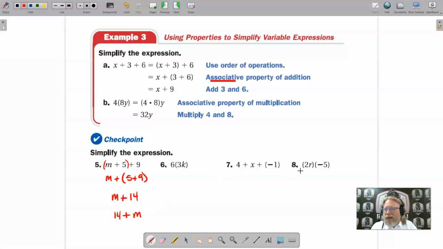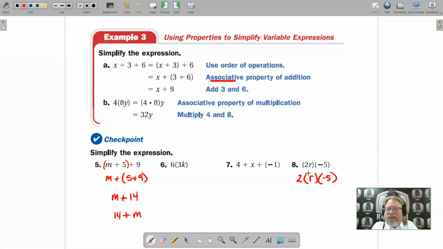Let's do number 8. It is a multiplication one. So we have 2 times r, or 2r, times negative 5. Now we could take that r and disassociate it from the 2 and reassociate it with the negative 5, and this is multiplying here. I'm going to use parentheses. Got to be careful.